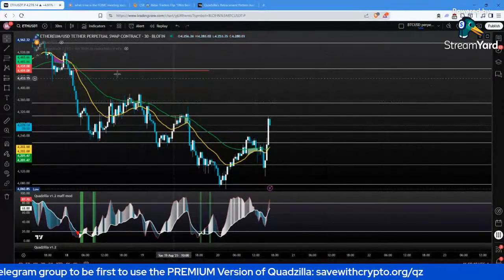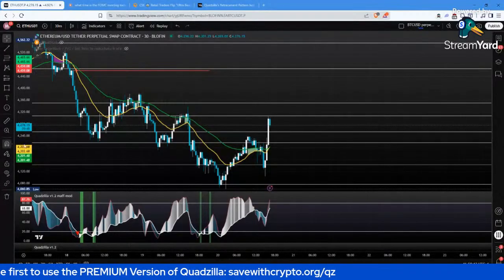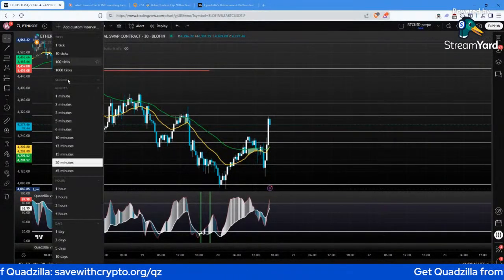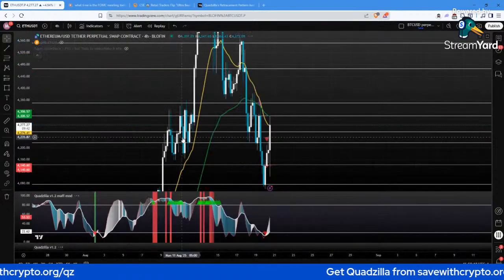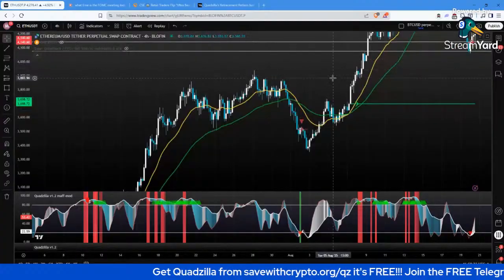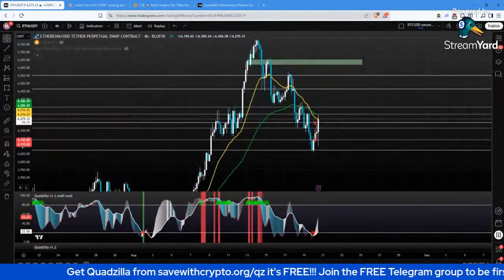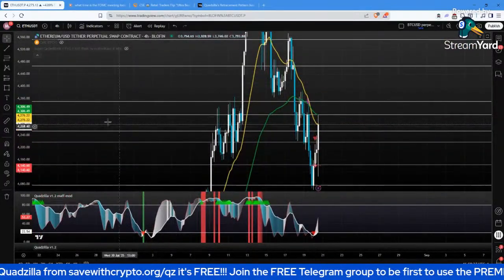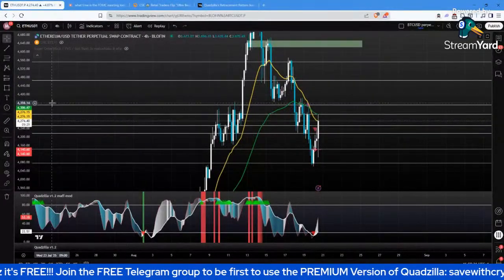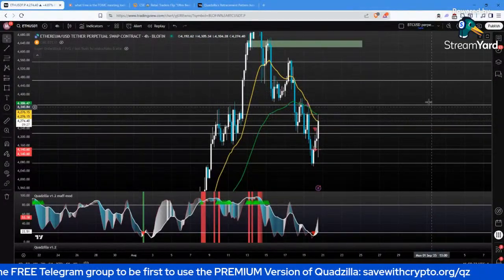Okay. So, did you put those in manually? I'm just trying to work out what you did. Yeah. So I went up to the 4-hour, and then on this I was just drawing them in. Each one is a ray, isn't it? Just a horizontal line, horizontal ray.